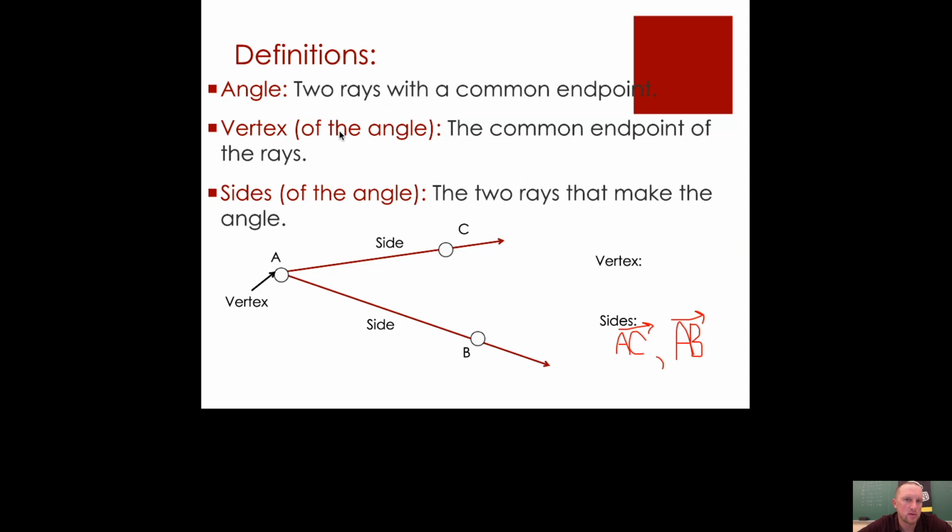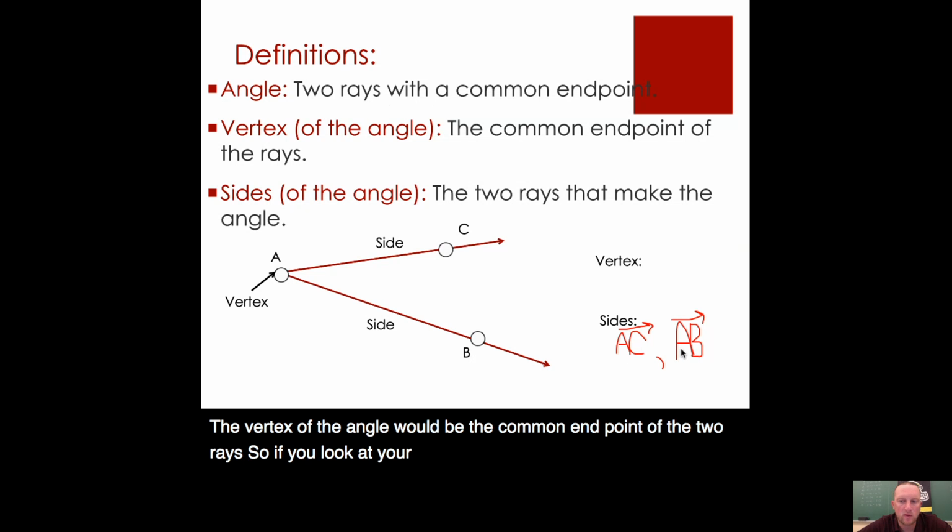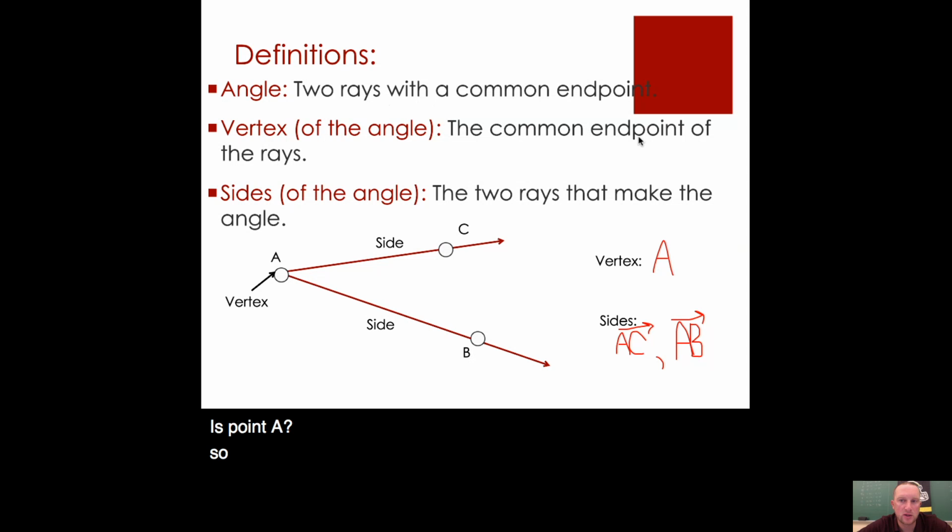The vertex of the angle would be the common endpoint of the two rays. So if you look at your two rays, what's the common endpoint? It's point A. So your vertex is, again, just a point. That's why we're using one letter.